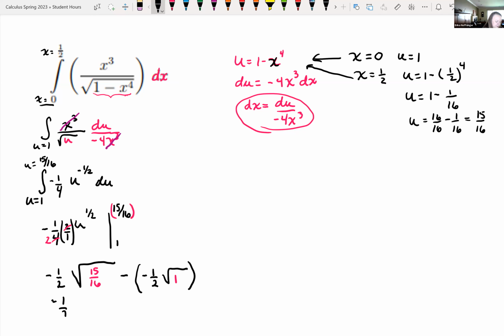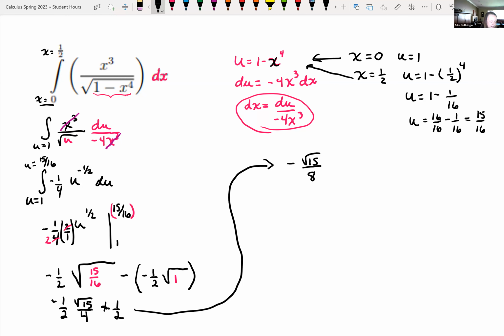So I have negative 1/2 square root of 15, and can break down the square root of a fraction as the square root of the numerator over the square root of the denominator, over the square root of 16, which I know is 4, minus a negative, so plus 1/2. And so I get negative square root of 15 all over 8 plus 1/2.